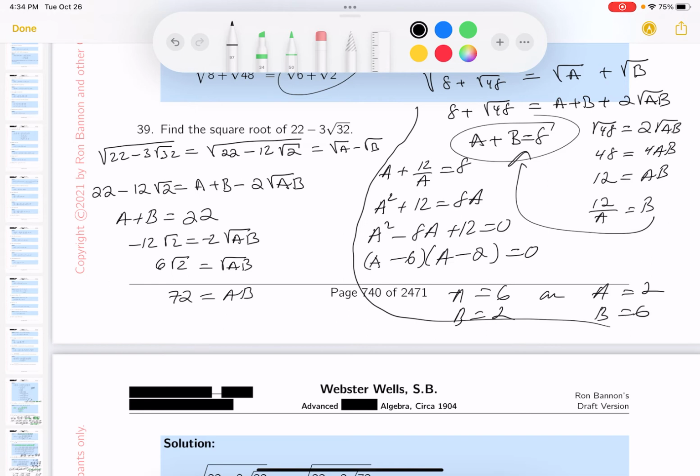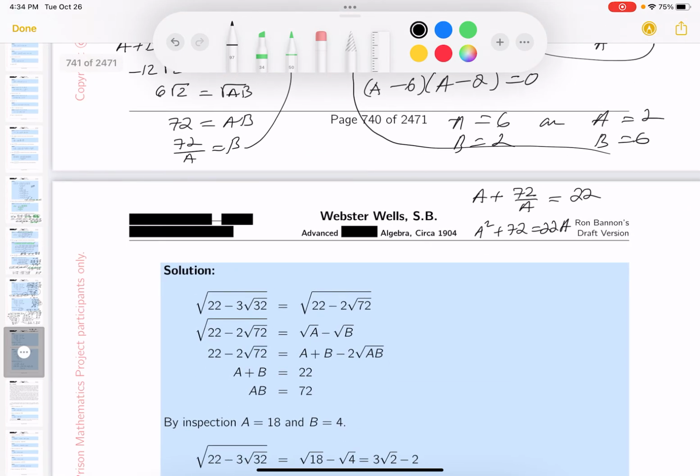And that lets me solve for something. Then 72 over A is B. I got to write that down now, right? So this is going to go back up here, substitute, and what do you get? You get A plus, what's B? 72 over A, that equals 22. Multiply both sides by A. You get A squared plus 72 equals 22A.